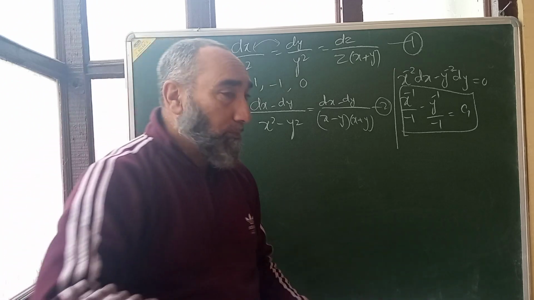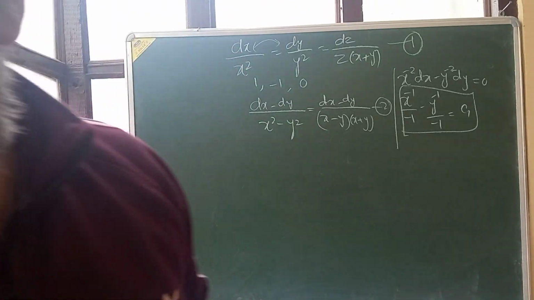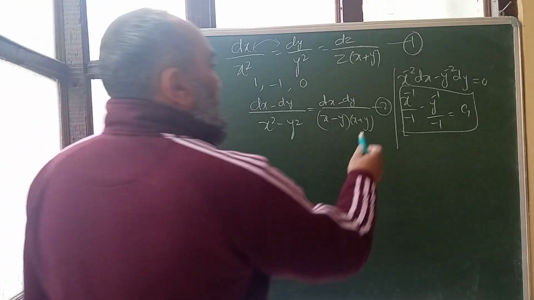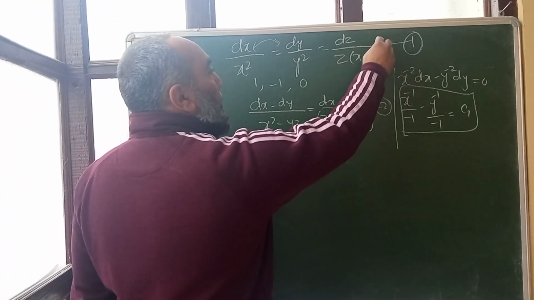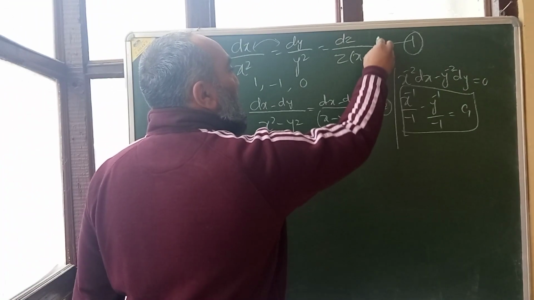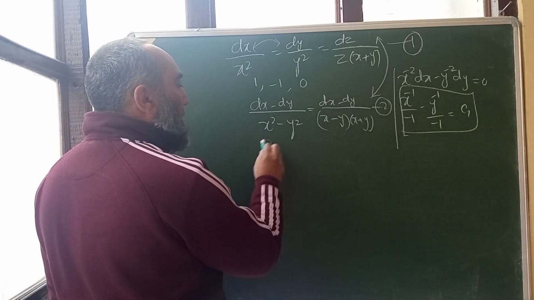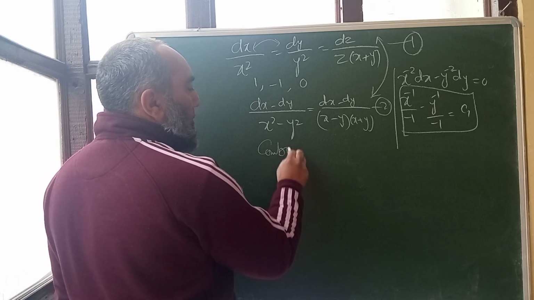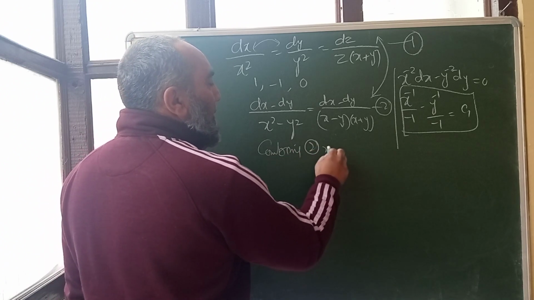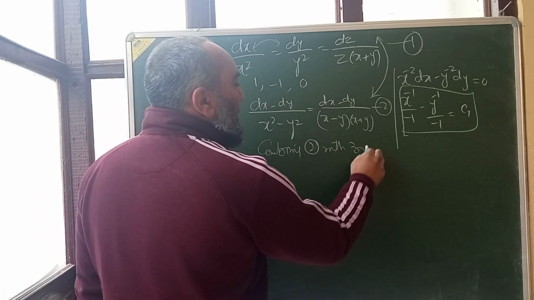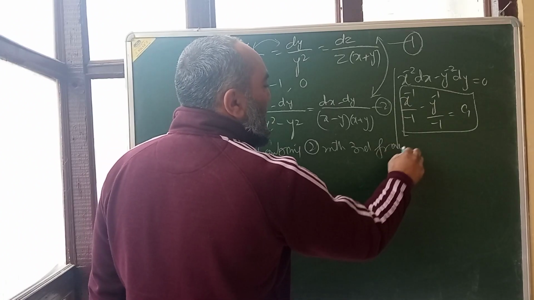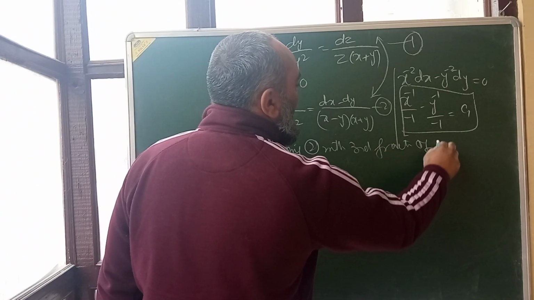Now let me combine 2 with a suitable fraction of 1. This is the method. Combine 2 with a suitable fraction of 1. So let me combine 2 with the third fraction of 1.